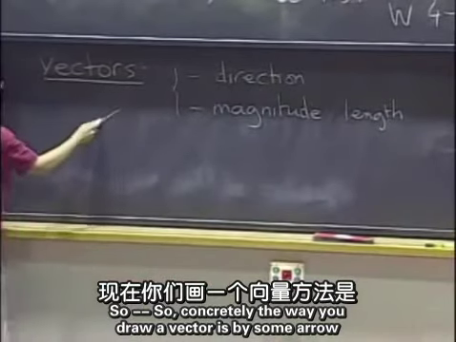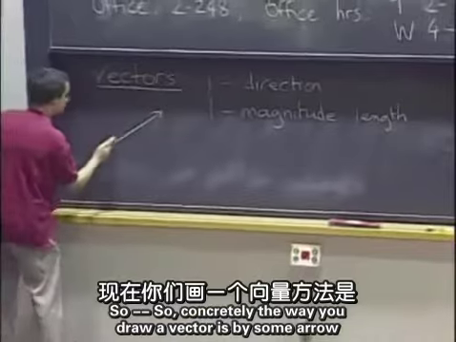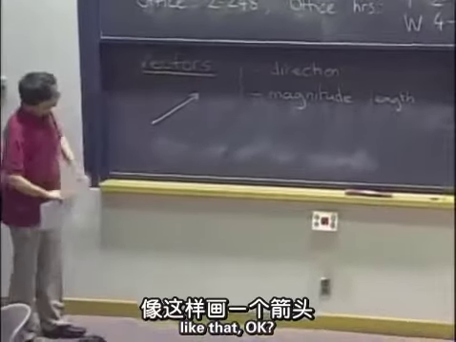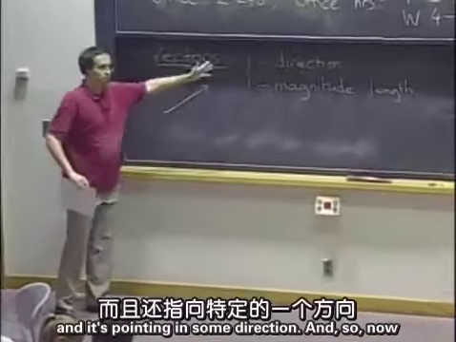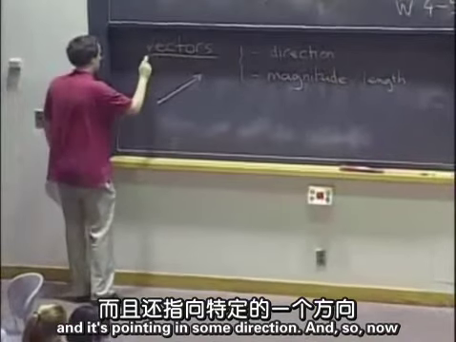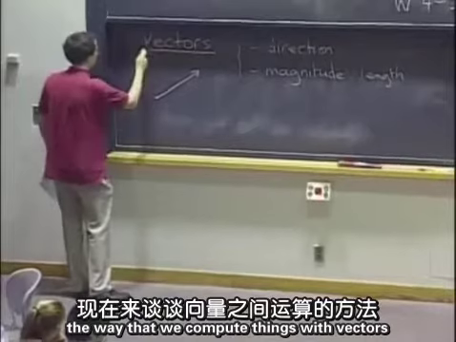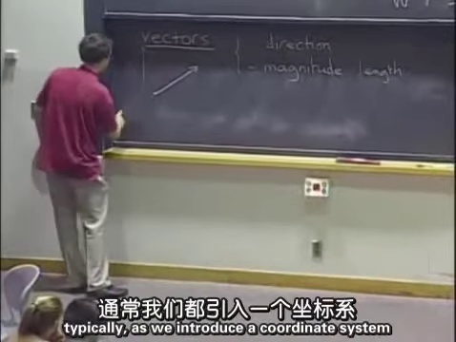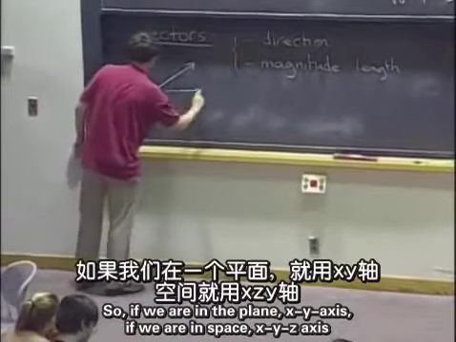Concretely, the way you draw a vector is by some arrow like that, okay? And so it has a length and it's pointing in some direction. And so now the way that we compute things with vectors typically is we introduce a coordinate system.